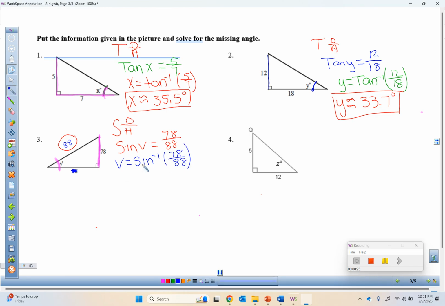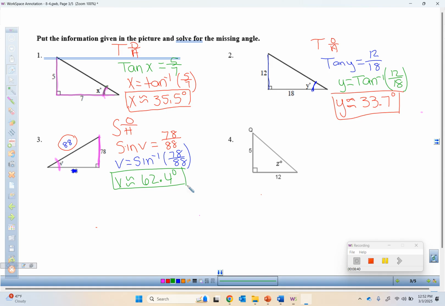You put second sine, and that's how you get your inverse sine, and then 78 divided by 88. What did we get? 62.4 degrees. Very good.